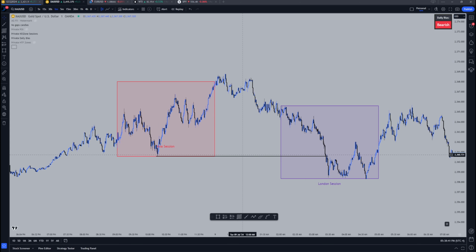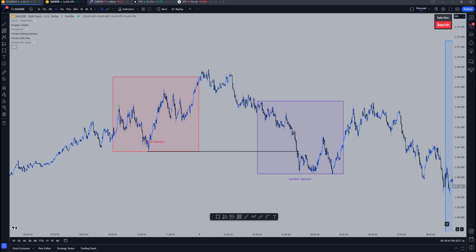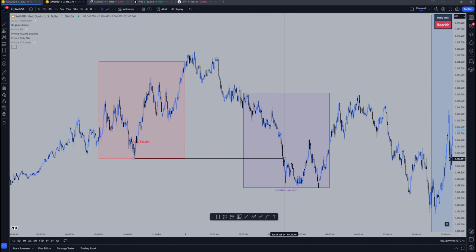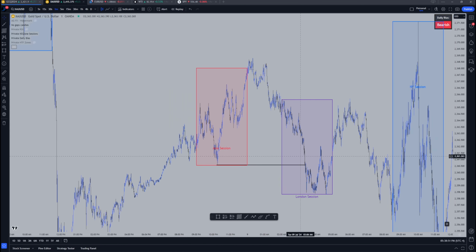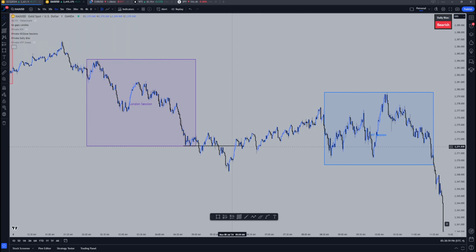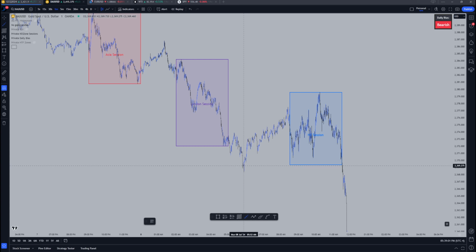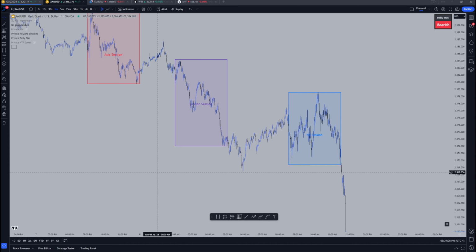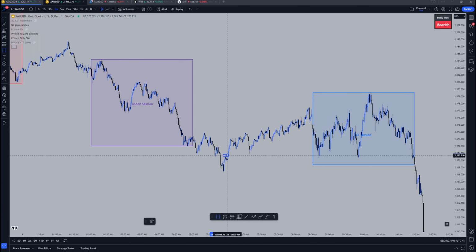This is external liquidity from the Asia session range kill zone that was not taken out yet. The London session perfectly took it out during the London session kill zone, which is perfect. We prefer something like this rather than a low that's already been taken out. For example, the London session low already got taken out during the London session, so there's not much POI preciseness you can really trade off. You would have to find another POI, like something here.